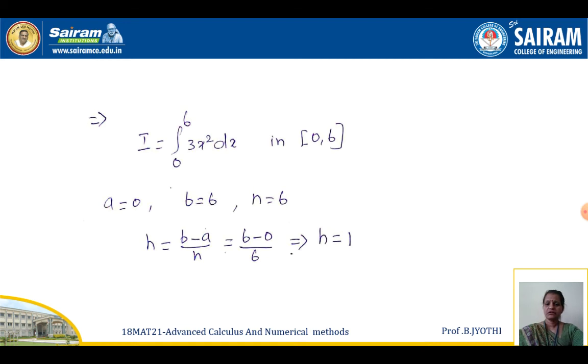Solution: consider I = ∫ from 0 to 6 of 3x² dx in the interval [0, 6], where a is 0, b is 6, and n is 6. To find the value of h, that is, upper limit minus lower limit divided by n, we get (6 − 0)/6, which implies h is 1.